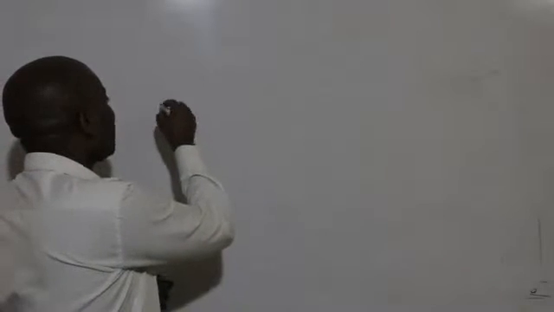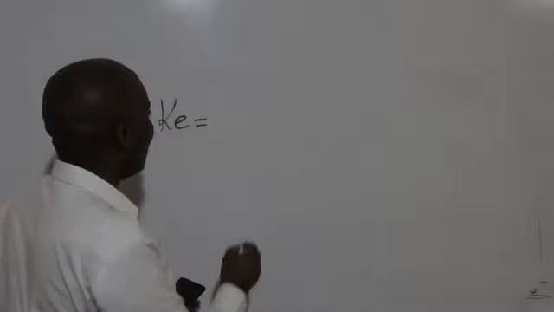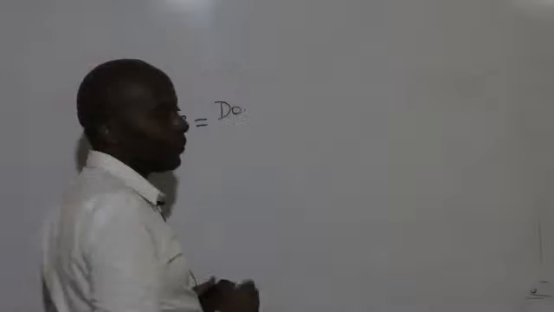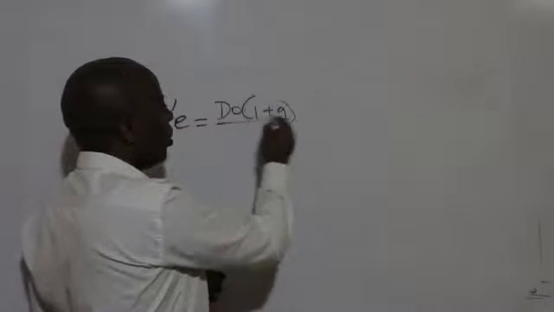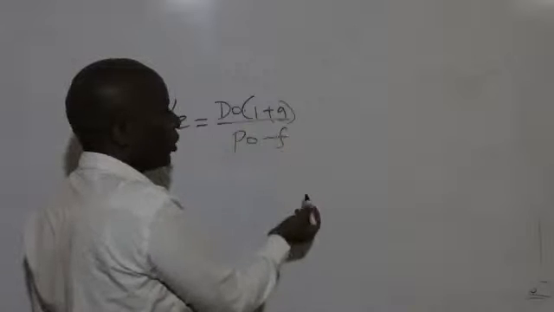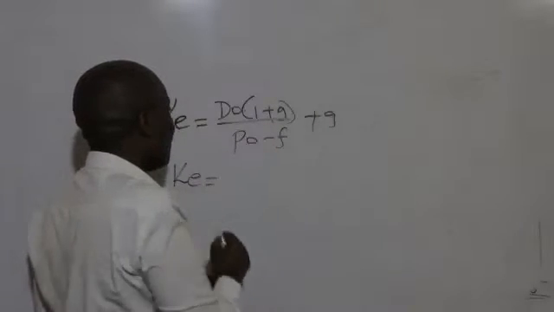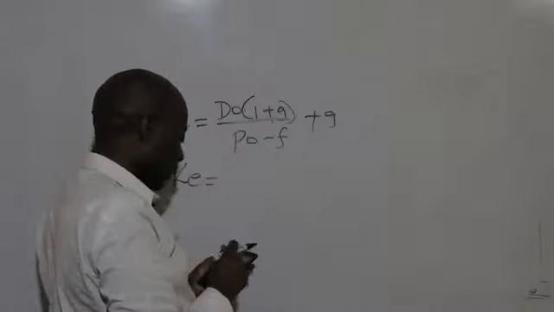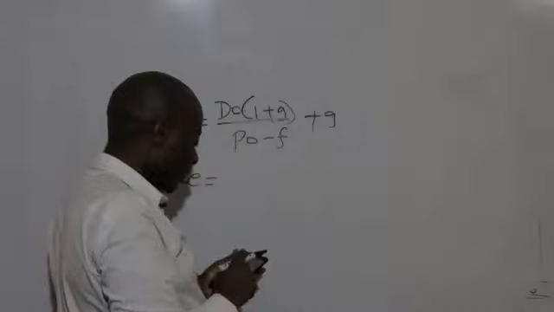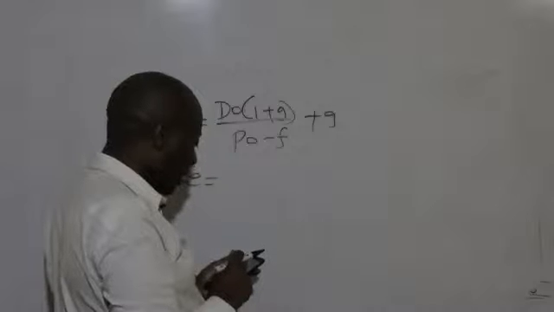To get the cost of equity, what do we have here? We have D0 into 1 plus g, all over P0 minus flotation, plus g. So our cost of equity is equal to D0, which has been given. The market value is 2.8, the dividend is 0.2.